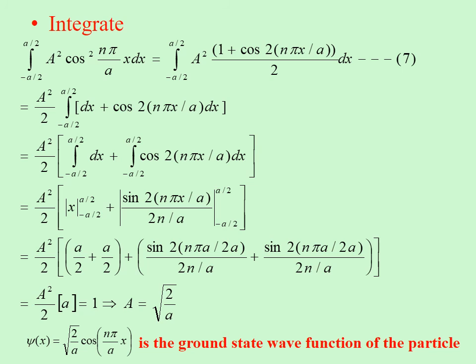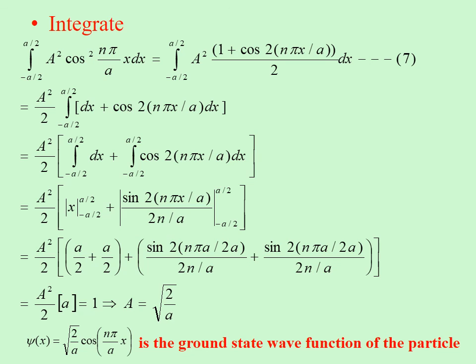So if you substitute this, it becomes sine 2 n pi x by a divided by 2 n pi by a, and substitute the limit minus a by 2 to a by 2. After substitution, it is equal to A squared by 2 into a, and already you know that this is equal to 1, therefore A is equal to square root of 2 by a.